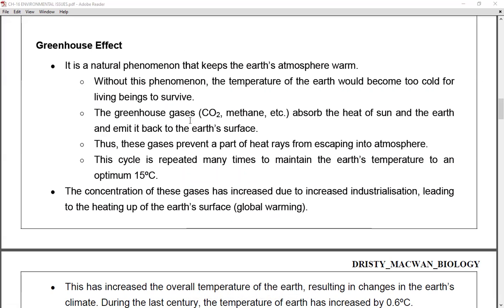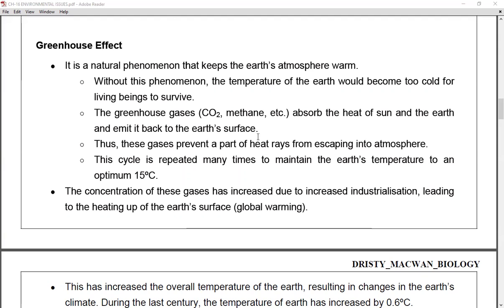The greenhouse gases, that is CO2, methane, and other gases, absorb the heat of the sun and the earth and emit it back to the earth's surface, right? So in the greenhouse effect, the greenhouse gases like carbon dioxide and methane absorb the heat from the sun as well as the earth, and emit it back on the earth's surface.